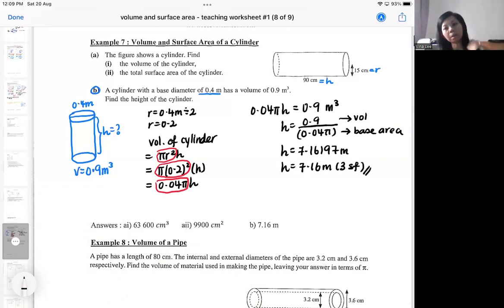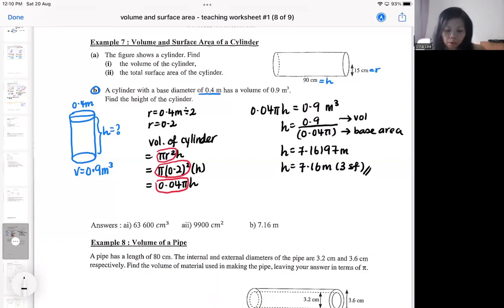So it's like working backwards. Of course, they can also ask you to work backwards to find the radius if they have given you the height. You must be able to do forward and backward: calculate volume and surface area, or if you are given volume and surface area, calculate backwards for any missing radius or height.